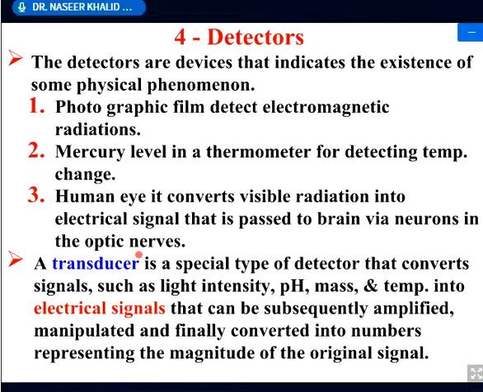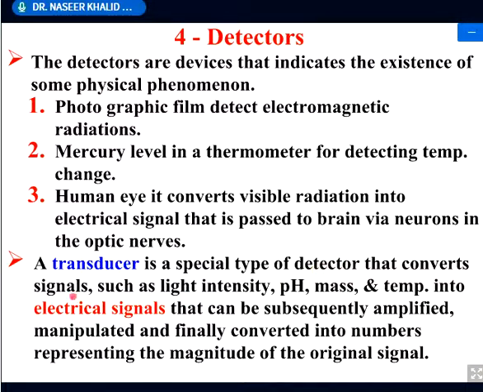Now, in the instrumentation, in the electronic instruments, detectors are named transducers. These transducers are a special type of material, a special type of detector.